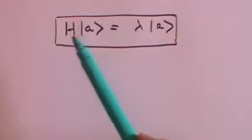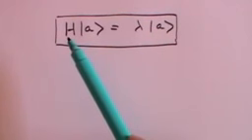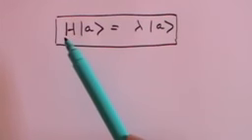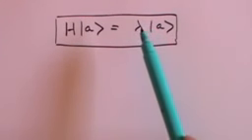And I said that you could assign physical meanings to these. H, the Hermitian matrix, becomes the operator or the measurable or the observable, the experiment if you like. The eigenvector is the state the system can be in, and lambda is the result that you get.